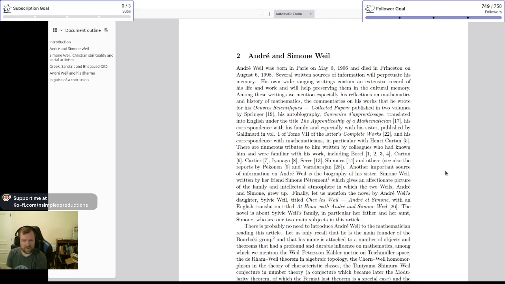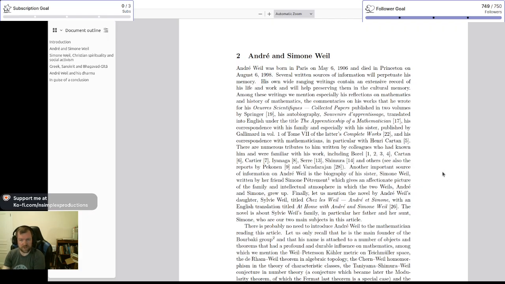Another important source of information on André is the biography of his sister Simone, written by her friend Simone Pétrement, which gives an affectionate picture of the family and intellectual atmosphere in which the two Weil, André and Simone, grew up.